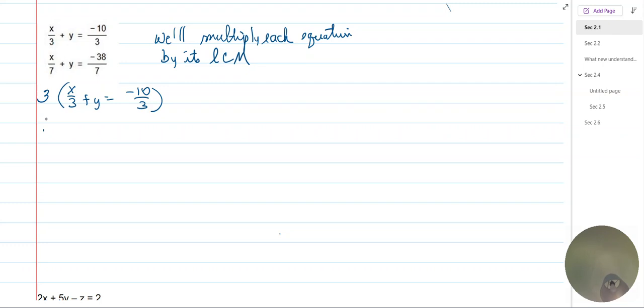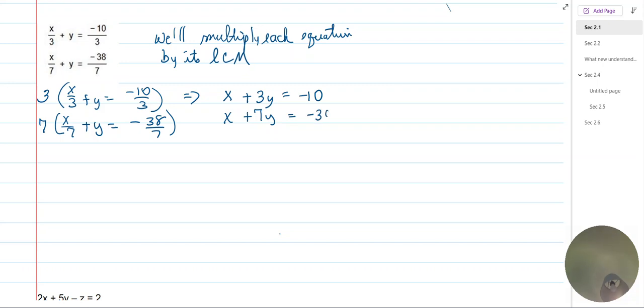And we're going to multiply by 7 for the second linear equation. When we do that, I'm going to get x plus the 3y's, again, we're multiplying through the entire thing, equal to a -10. On the second line, we're going to get an x plus 7y equals to a -38.